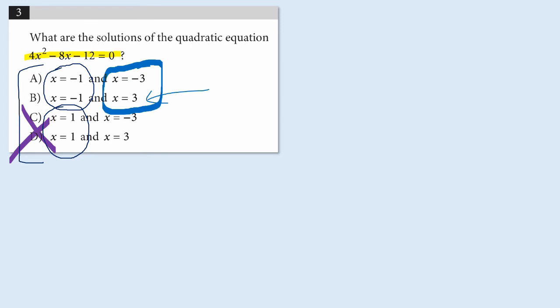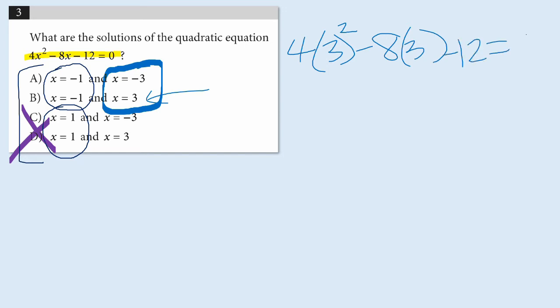So I have 4 times 3 squared minus 8 times 3 minus 12. And I want to know if that equals 0.